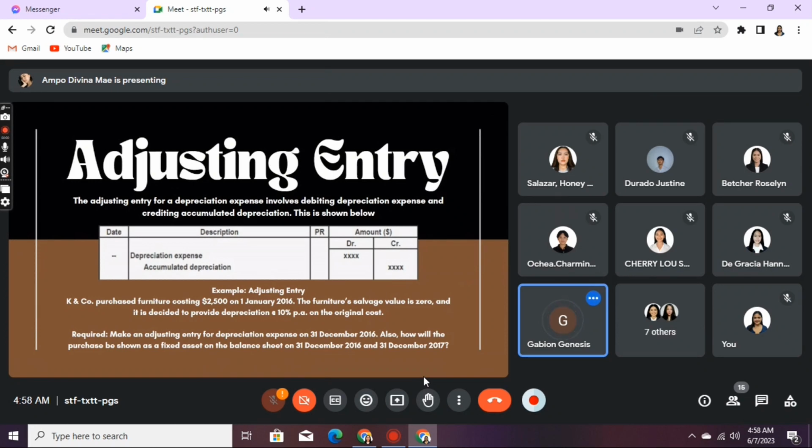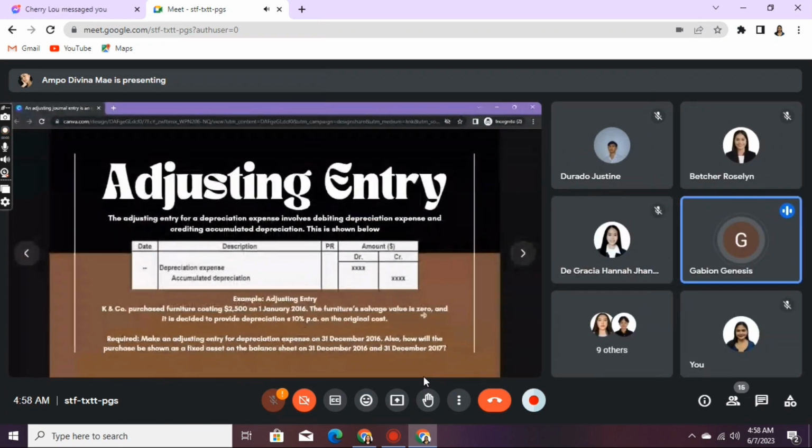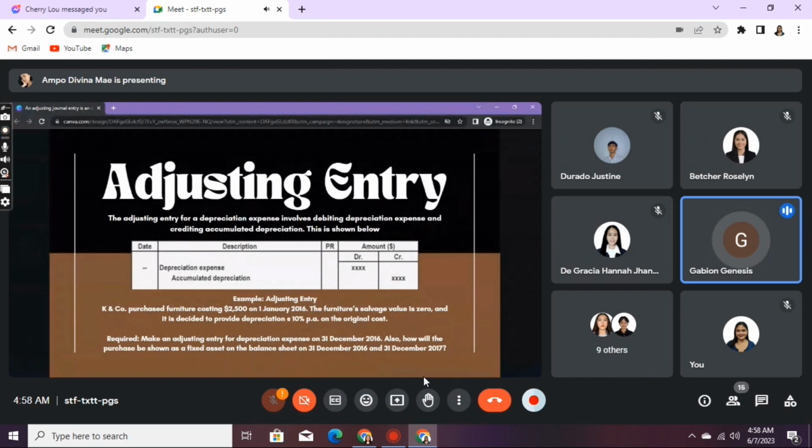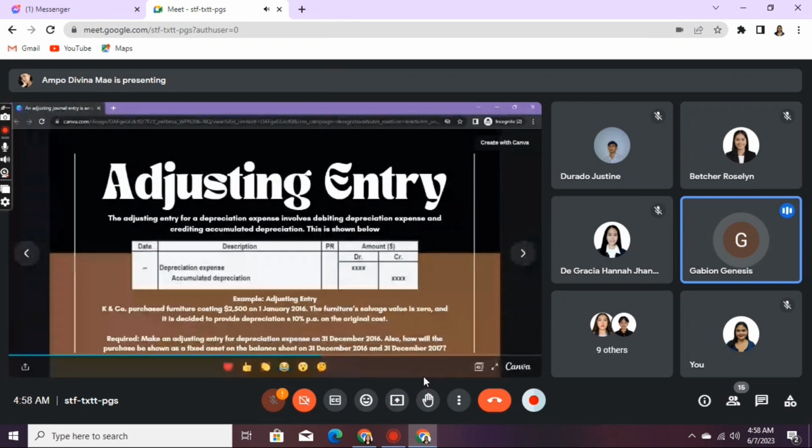For example, Adjust Q and Co purchased furniture costing $2,500 on January 1, 2016. The furniture's salvage value is zero, and it decided to provide depreciation of 10% per year on the original cost. Make an adjusting entry for depreciation expense on December 31, 2016.